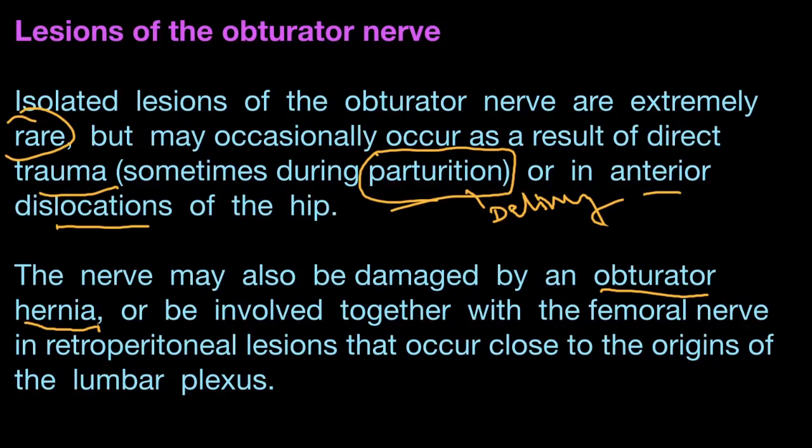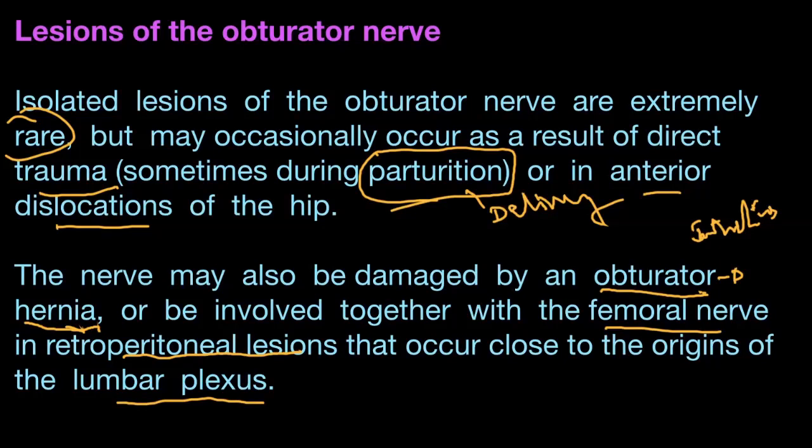Obturator hernia may be involved together with the femoral nerve in retroperitoneal lesions that occur close to the origins of the lumbar plexus. So this obturator hernia, that means the herniation of small intestines through the obturator foramen, right, or obturator canal, is called obturator hernia. Though this is rare, if this happens, there will be entrapment of obturator nerve, okay, within the obturator canal.